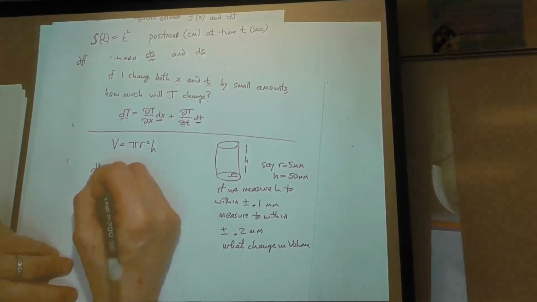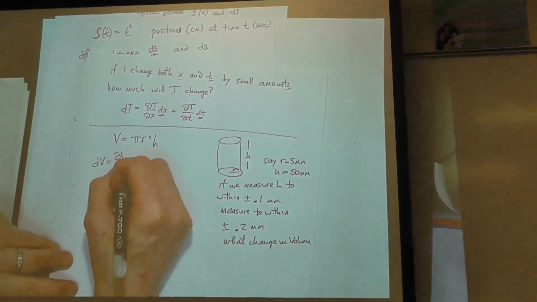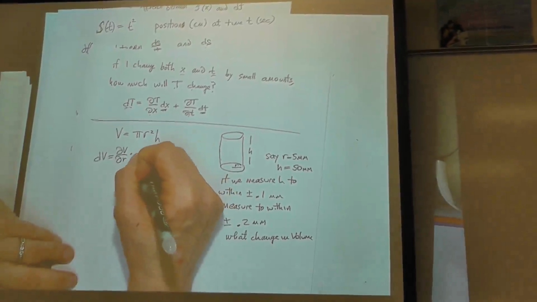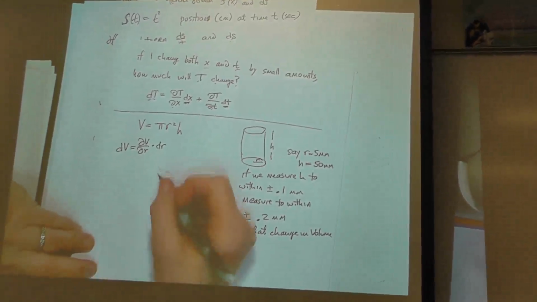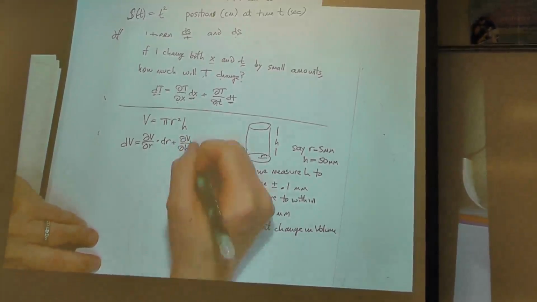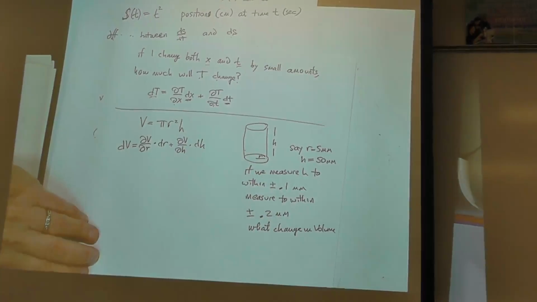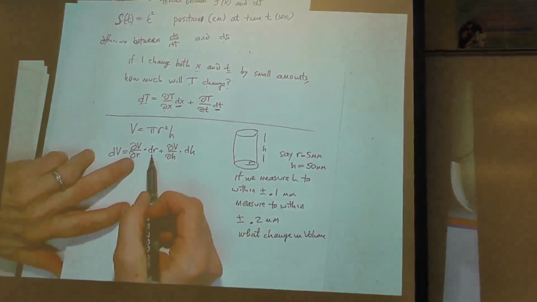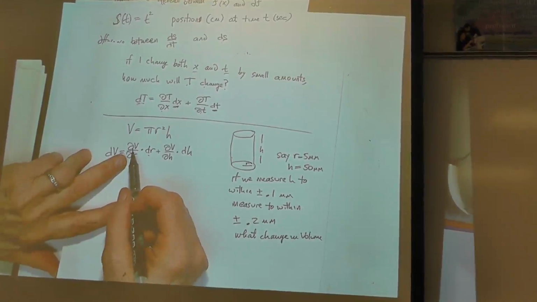dV is going to be the partial of V with respect to r times the small change in r, plus the partial of V with respect to h times the small change in h. Notice that as far as units go, the units of dr here are going to cancel with the units of the r here, leaving me with volume units.